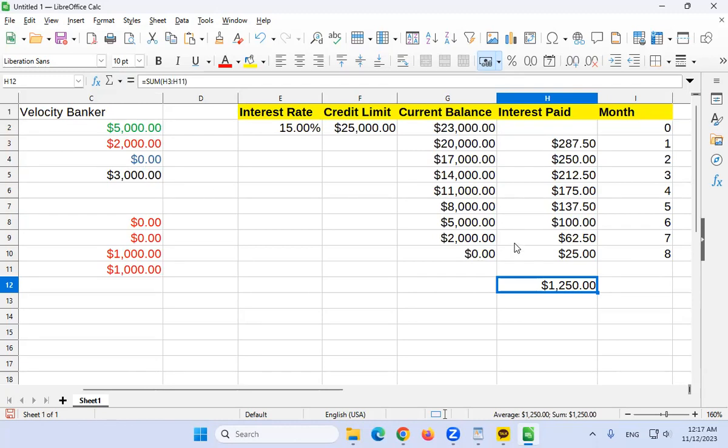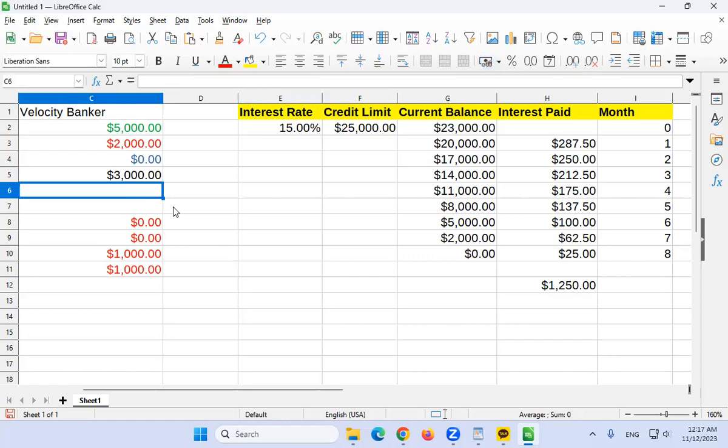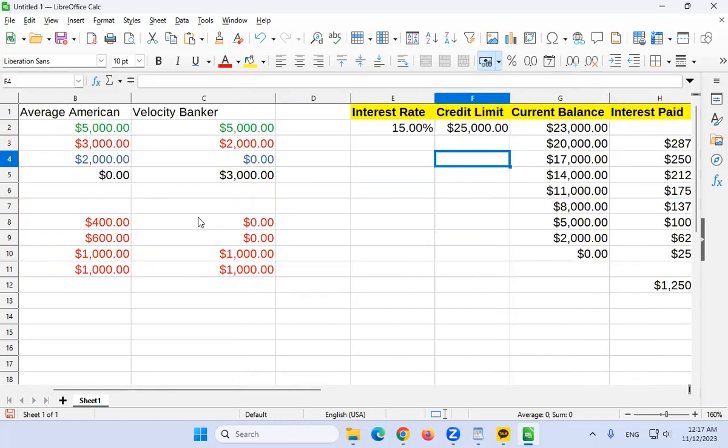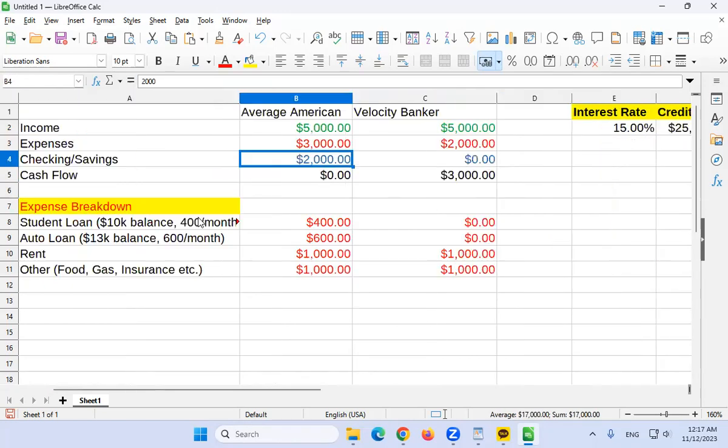So unlike the other situation where we had to add an extra 3 months because the cash flow is only 1,000 and we had $3,000 in interest, here we have $3,000 cash flow, so we'll definitely be able to pay it off in the extra month, right? Something to consider. Yes, more income is better, but if you're living paycheck to paycheck, this strategy can bring you great relief, right?